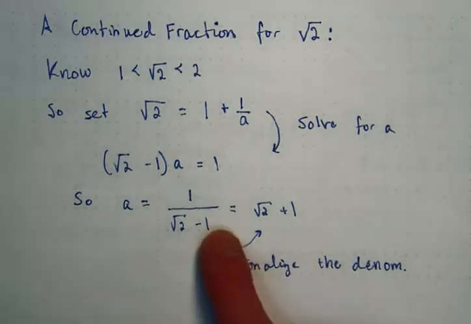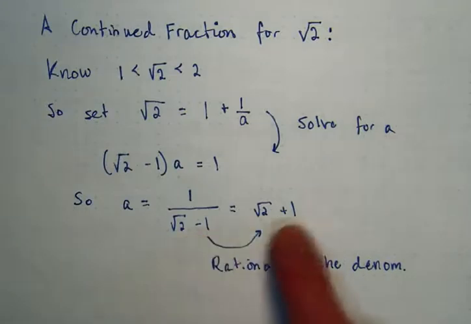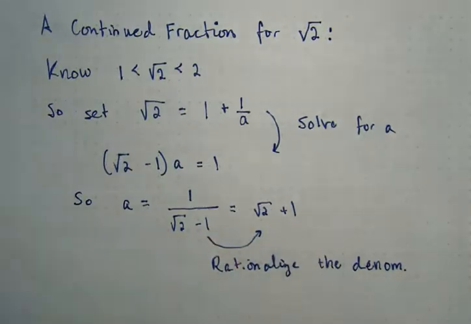And I'm going to rationalize the denominator here. I'm going to multiply both the top and bottom of this fraction by radical 2 plus 1. And that'll give me this. So that tells me something about a. a equals radical 2 plus 1.